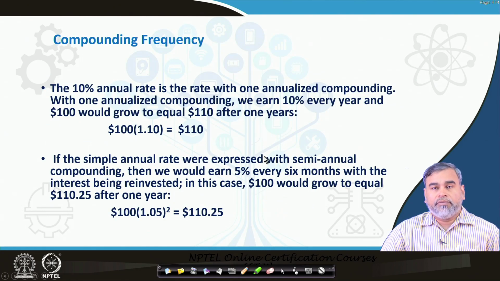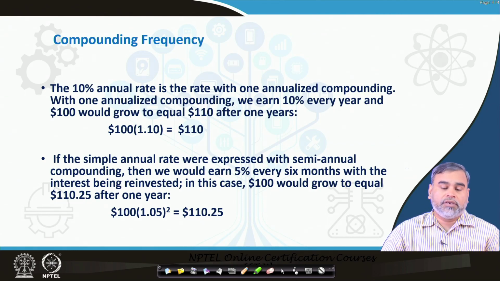Then we have the compounding frequency. What do we mean by compounding frequency? For example, a 10% annual rate of interest that is annualized is compounded annually. Then for each year the interest rate is 10%, and after 1 year it will become 110. But if the simple annual rate were expressed with semi-annual compounding, meaning it is compounded every 6 months, then we earn 5% every 6 months.